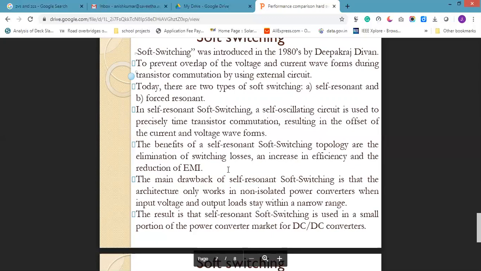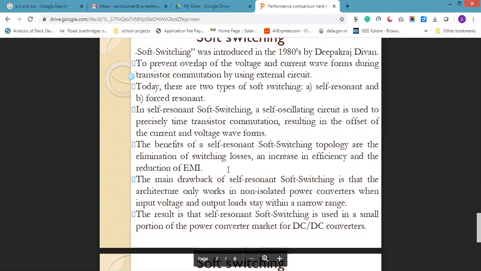Self-resonant means we are using an inductor and capacitor in the load, so naturally by using this LC circuit, it will turn off and turn on.